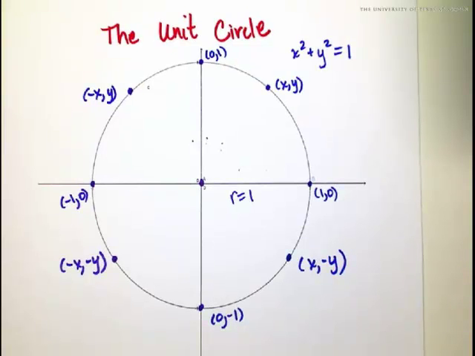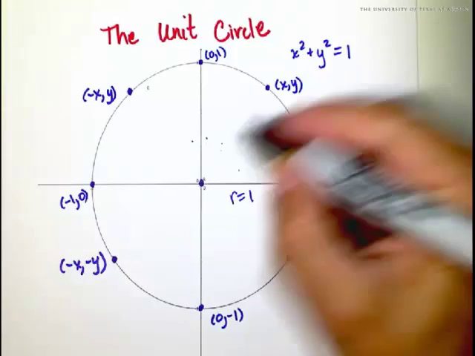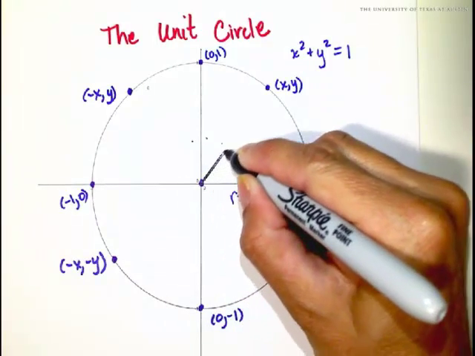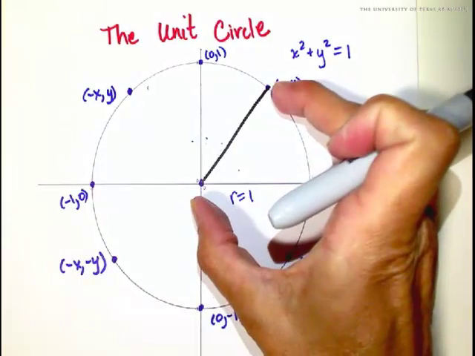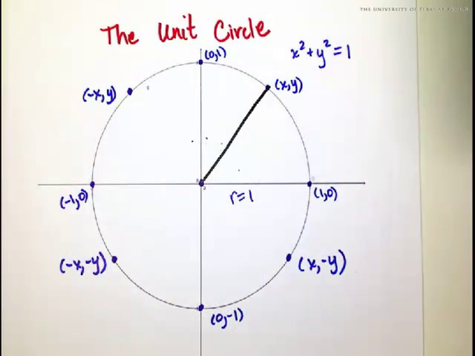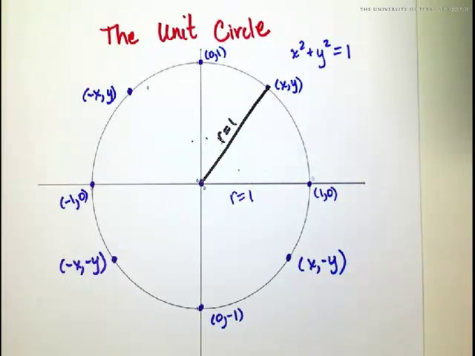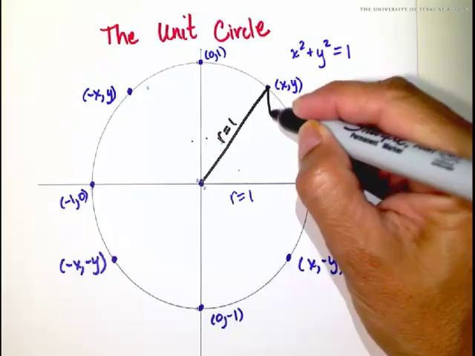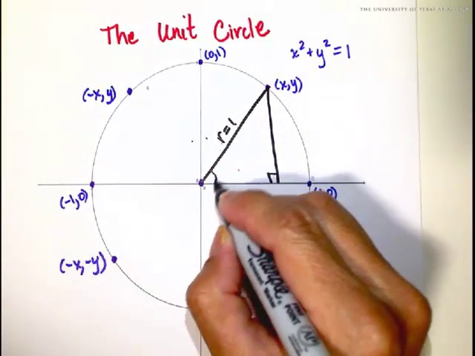Okay, let's draw a triangle that passes through the point (x, y), a right triangle. So first of all, let me draw the hypotenuse of this triangle, and notice that this line segment forms a radius of my circle, so I know that it has distance 1 as well. Now if I drop down this vertical line and form the right triangle, I'm going to call this angle theta.